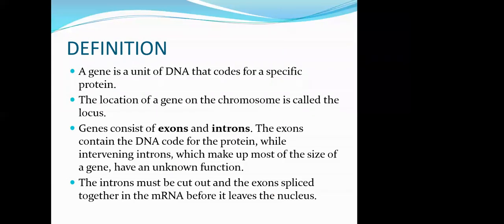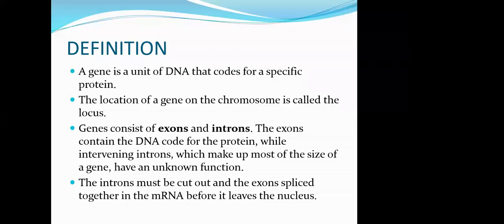So a gene is a unit of DNA that codes for a specific protein. The location of a gene on the chromosome is referred to as a locus. And not all parts of genes are specifically coded for. There are specific areas referred to as exons that contain the DNA code for the protein, and the intervening sequences of unknown function, which are referred to as introns.